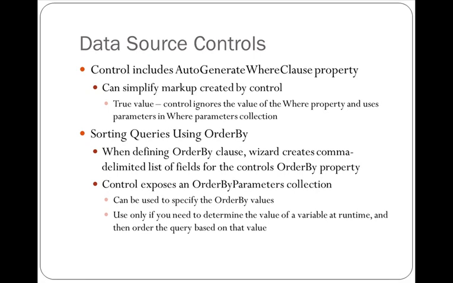However, this is important, in most cases using the simple order by property will be sufficient. You would need to use the order by parameter collection only if you need to determine the value of the variable at runtime, and then order the query results based on that value. So if you're not changing that at runtime for any reason, there's no reason to actually do that.